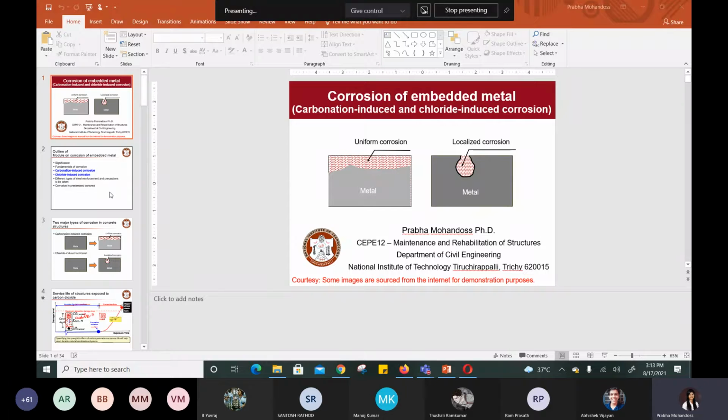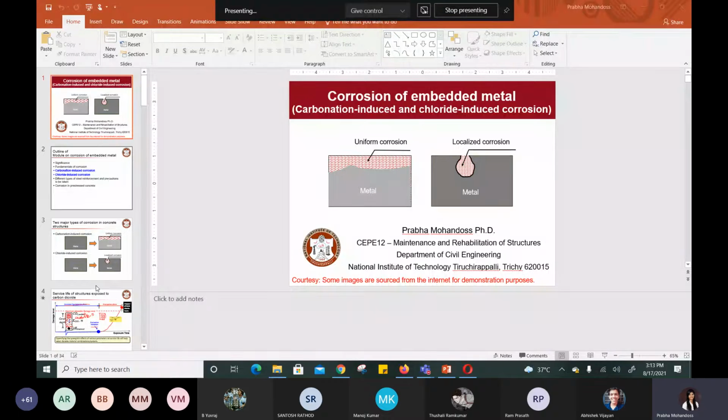So what are the significant parameters that get affected by the corrosion? I was showing the service life of the structure graph, right? You have an initiation phase and then a propagation phase, and once the damage limit exceeds the allowable damage in a particular structure, the structure will deform significantly.